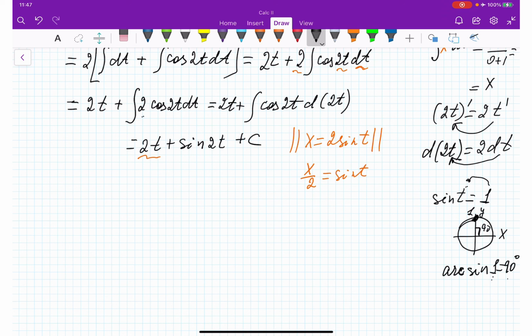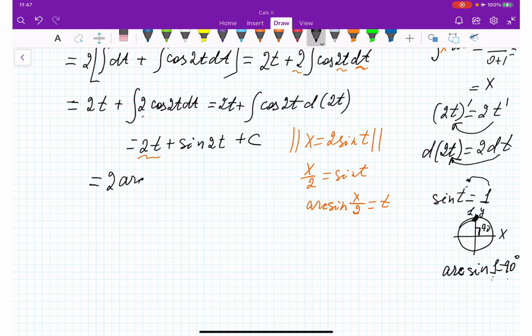So from here, I want to get t. It's going to be arc sine of x over 2 is equal to t. Yes? Okay. Now we can plug this back.